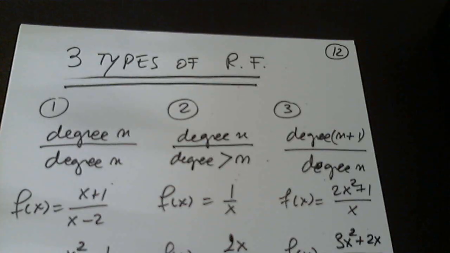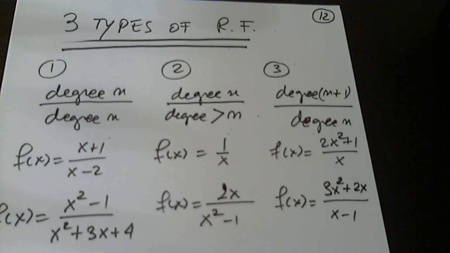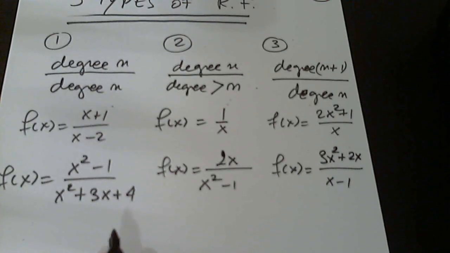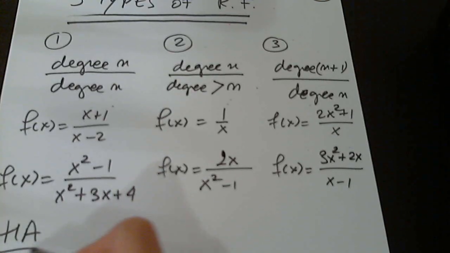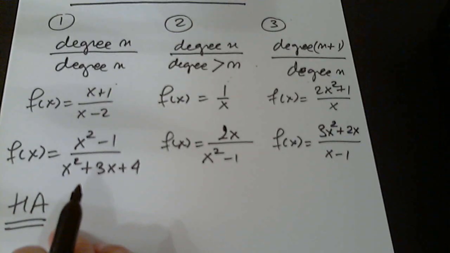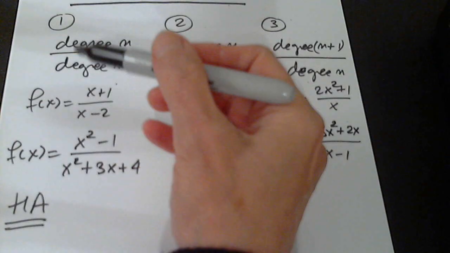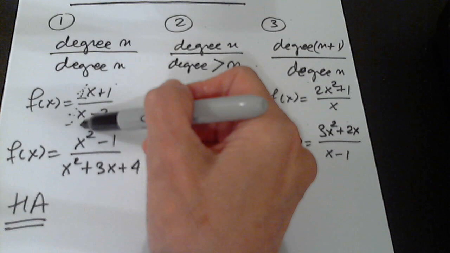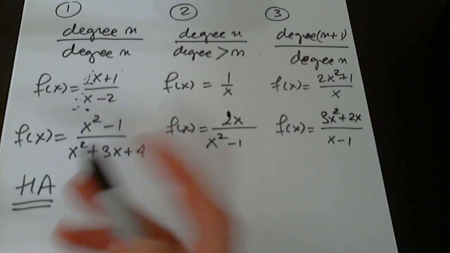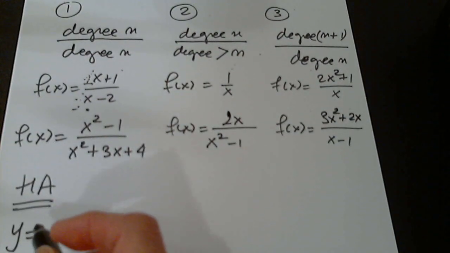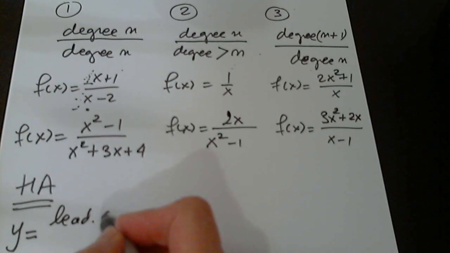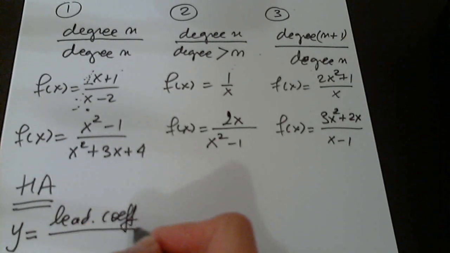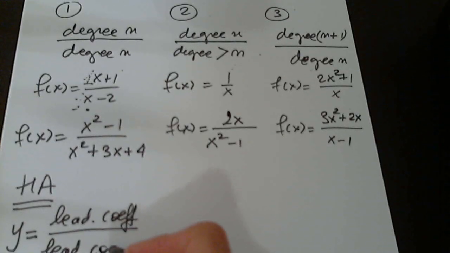What's the difference? Why did I even split them into these three categories? This one has a horizontal asymptote, HA, that is the leading coefficient over the leading coefficient. So the horizontal asymptote is y equals leading coefficient over the leading coefficient.